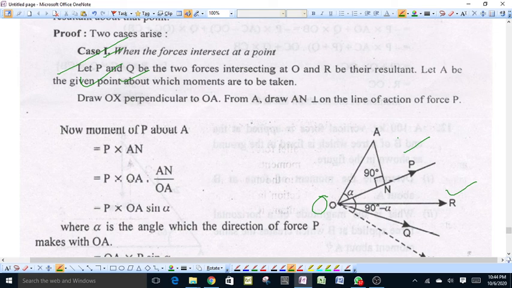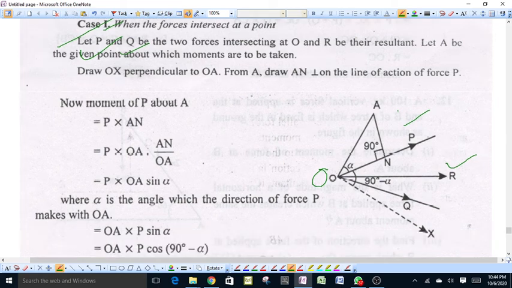We draw a line OX which is perpendicular to OA, and also we draw AN perpendicular to the line of action of force P. Now, the moment of force P about point A will be equal to the magnitude of force P into the perpendicular distance AN.